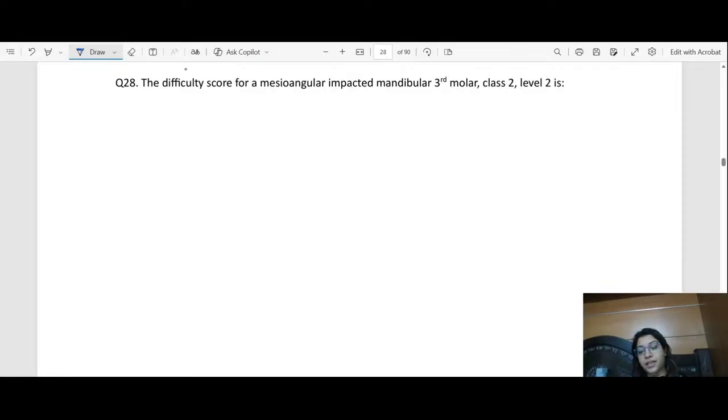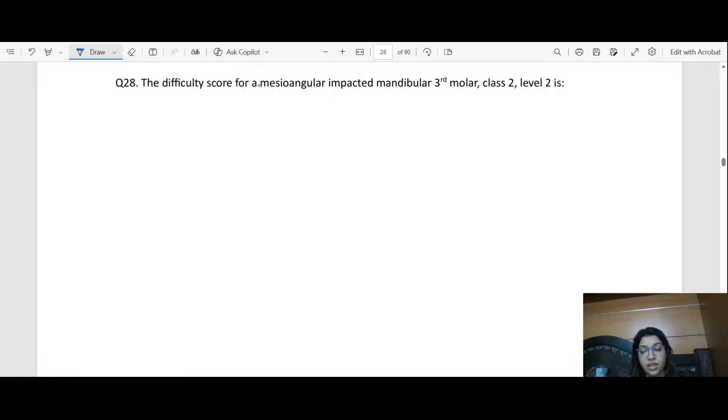See, Pell and Gregory gave a classification in my previous lectures. Class 1 is sufficient space is available between the anterior border of the ascending ramus and the distal side of the second molar. Class 2 is space is lesser than the mean distal width, that is, the distal portion of the third molar is covered by the bone from the ascending ramus, and class 3 is the third molar is totally embedded into the ramus.